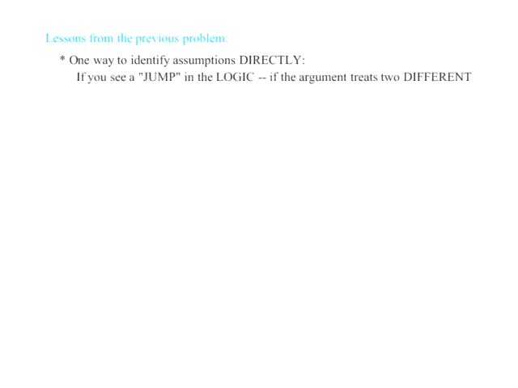We did mention this in the last assumption study hall as well, but one way to identify assumptions directly is if you see a jump in the logic, like if the argument treats two different things as though they were the same, then you have to connect them.